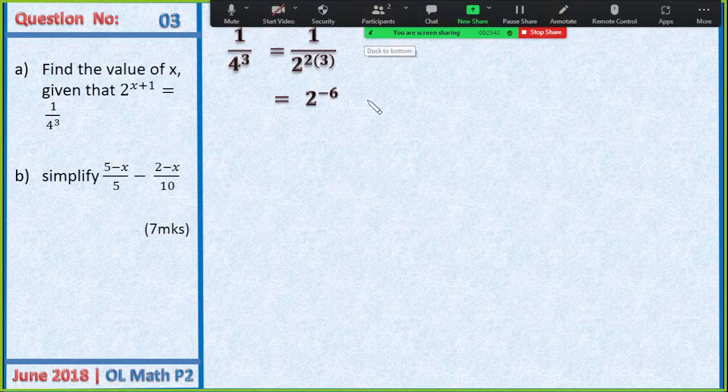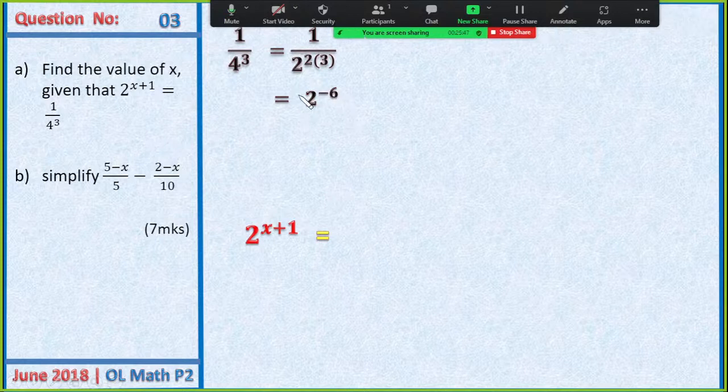The connection is still disturbing. So now that the bases are the same, we can equate both sides. At this point, we have 2 to the power x plus 1 equal to 2 to the power minus 6.